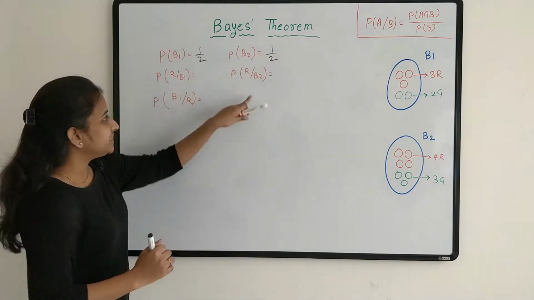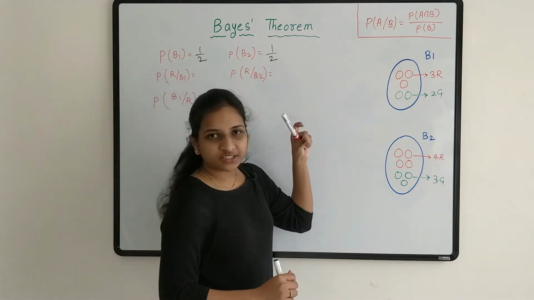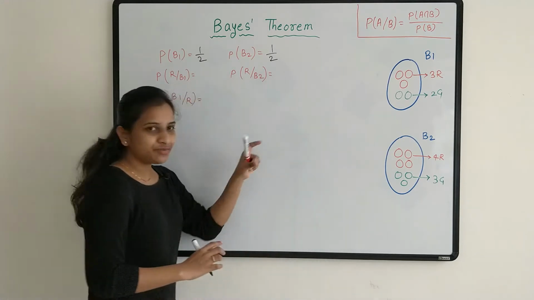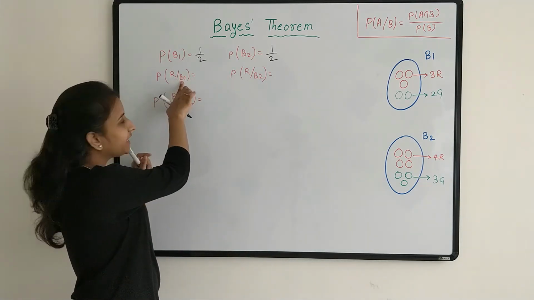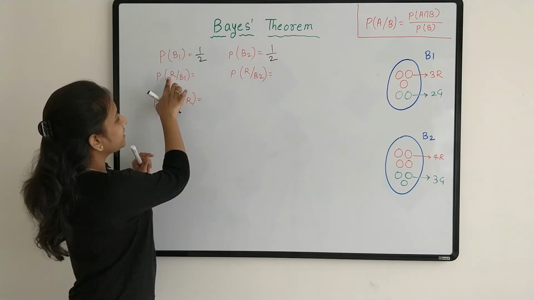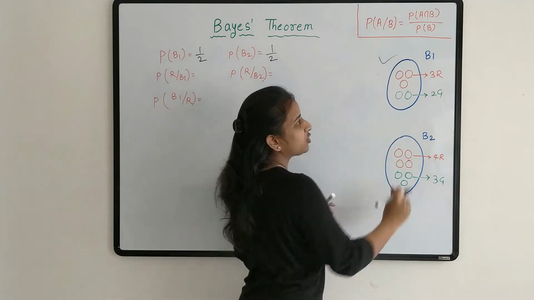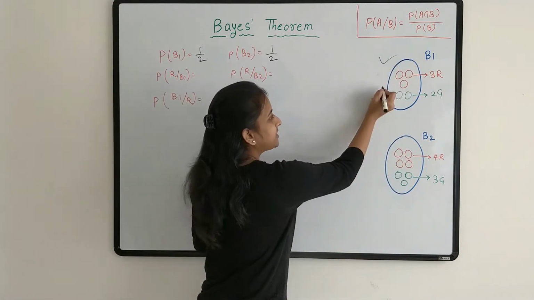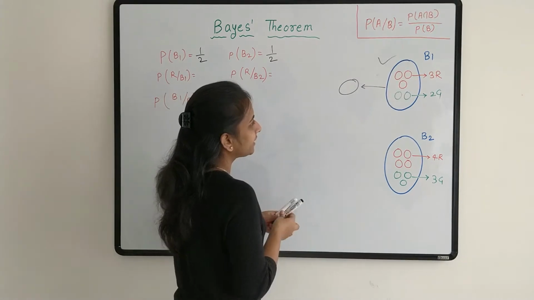Now from this bag one ball is drawn. Bag 1 is already selected. What is the probability that the drawn ball is a red color ball?